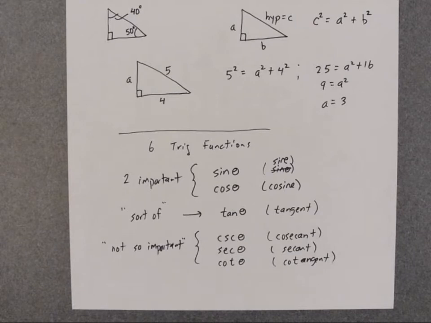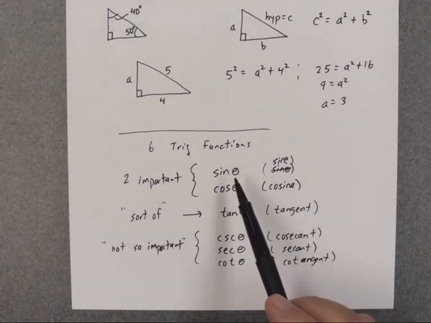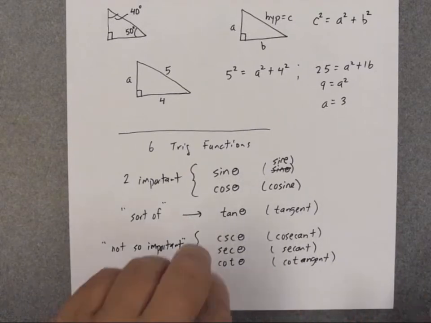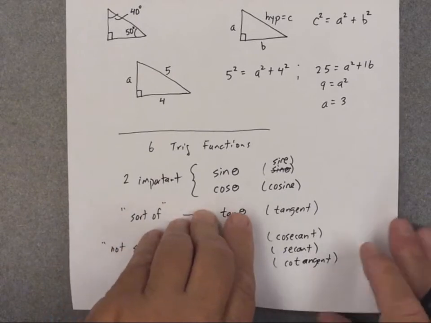So let me go ahead and take a minute now, and let's look at a right triangle. With this right triangle, I'm going to define what the sine and the cosine and the tangent mean in terms of a right triangle.